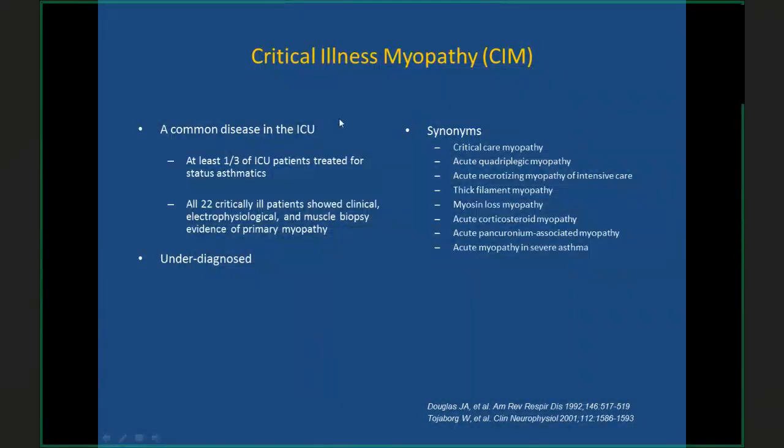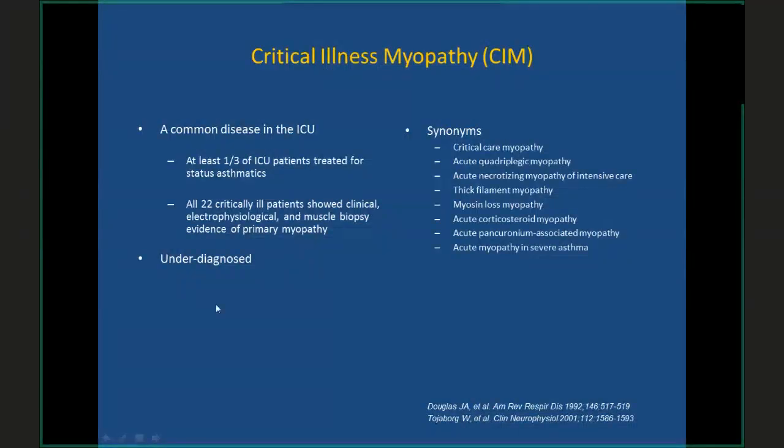They found CIM is very common in the ICU. At least one third of ICU patients treated for status asthmaticus or COPD exacerbation developed CIM. Another study shows that all 22 critically ill patients had clinical, electrodiagnostic, or muscle biopsy evidence of primarily myopathy.